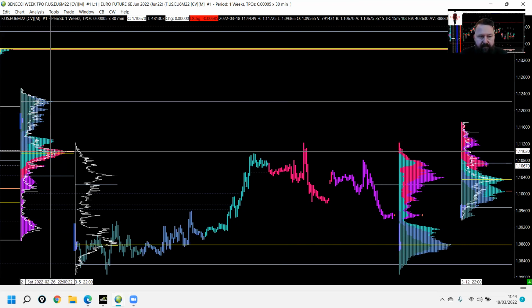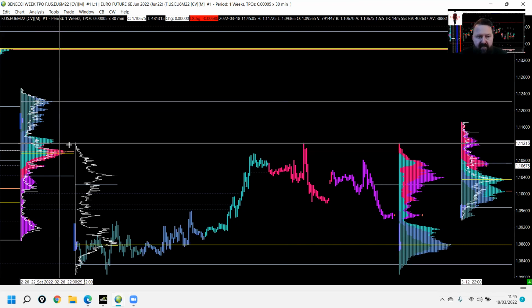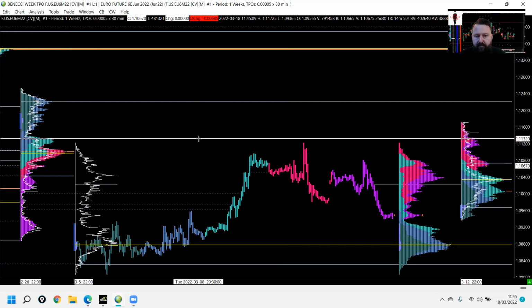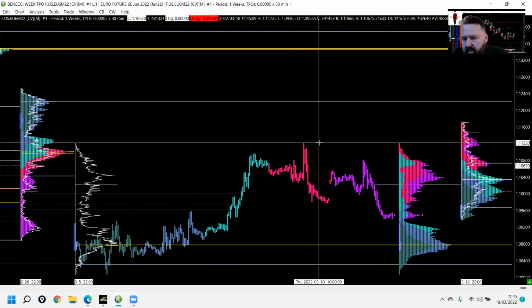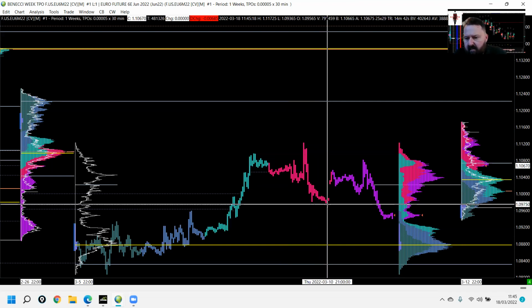But anyway, we then came up to this high volume node here, and as you can see, pretty much to the pip, we got a reversal, and again that would have gone for 1122. Let's take it down to there, say 10975.